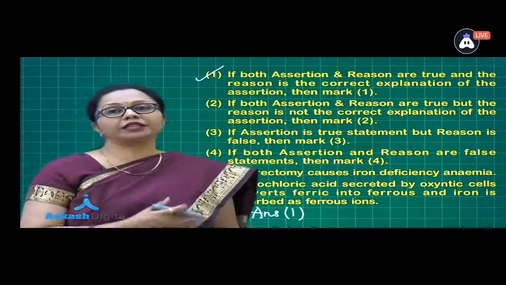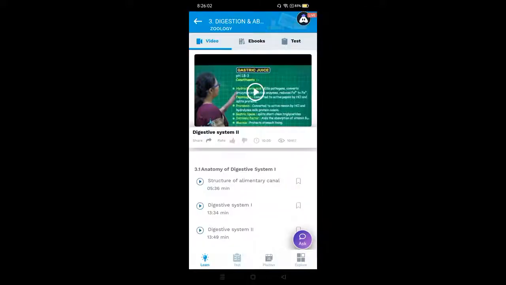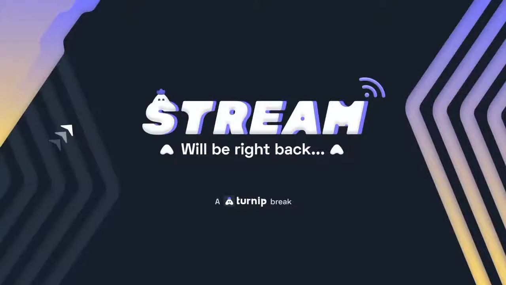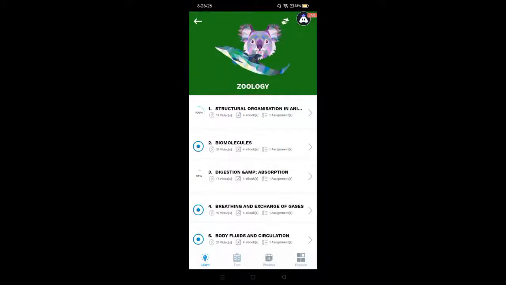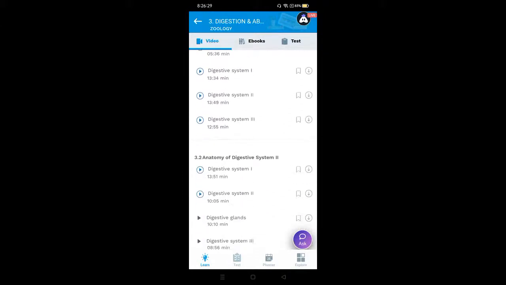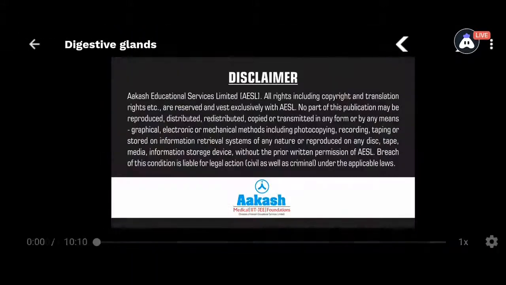Now let's move on to intestinal glands. Let's take up the intestinal glands.